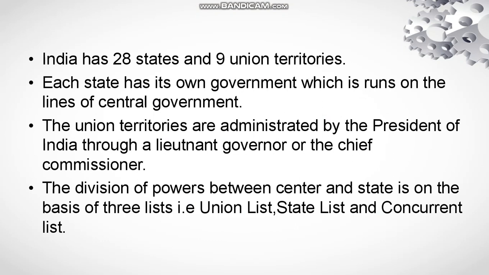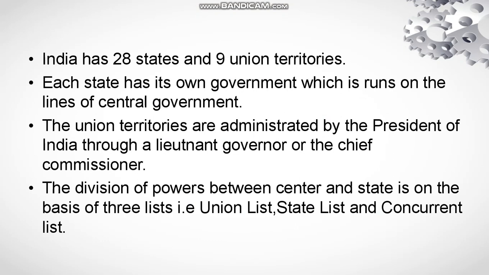Each state has its own government, which is run on the lines of the central government, and the union territories are administered by the President of India through a Lieutenant Governor or a Chief Commissioner.